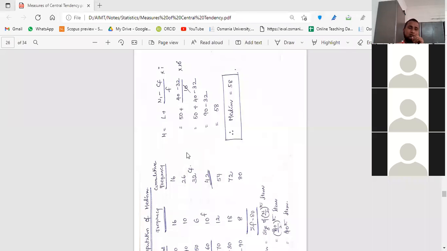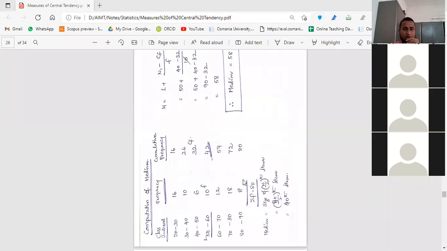You have to give some importance here. Otherwise, when somebody knows the formula and how to substitute the values, everyone will get it. Even the Excel sheet will give you the direct answer if you just input the values. So the thing is, we have to learn how to interpret the things. That is about median.